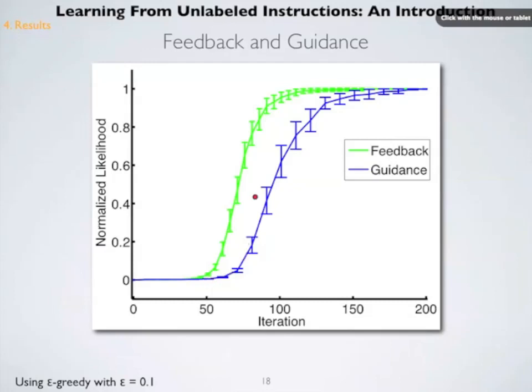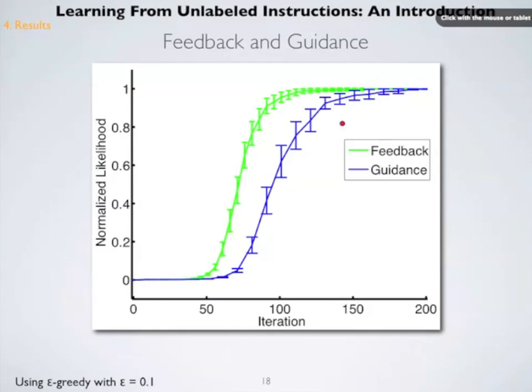It's going up, and at 200 iterations, it reaches 1. That means that the goal hypothesis has a probability of 1, and all the other 623 have probability 0. That means we correctly identified the task.